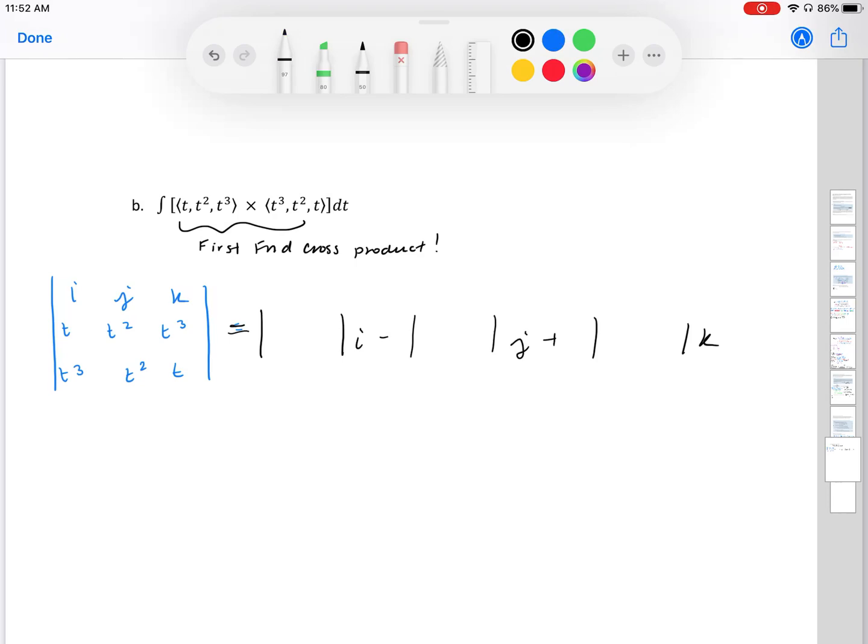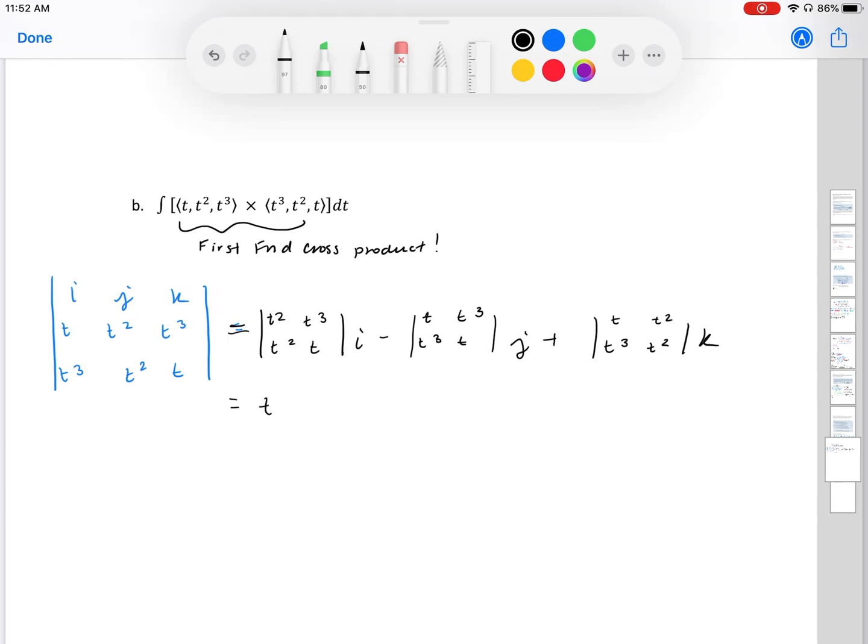All right. So for i, we have t squared and t cubed and t squared and t. For j, we have t and t cubed and t cubed and t. And for k, we have t and t squared and t cubed and t squared. Okay, let's go ahead and multiply across.